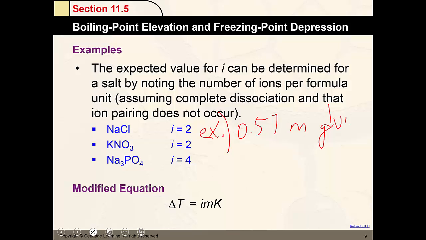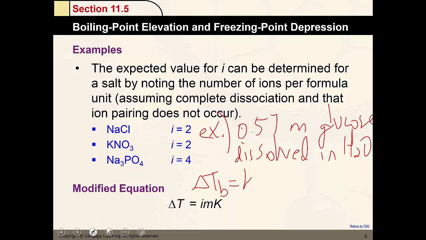glucose solution dissolved in water. And you want to know, okay, how much is that going to raise the boiling point and how much is that going to lower the freezing point? So for boiling point, we take Kb times the molality, and the Kb for water, which will be given to you, that constant, 0.51, and then times the molality, 0.57.